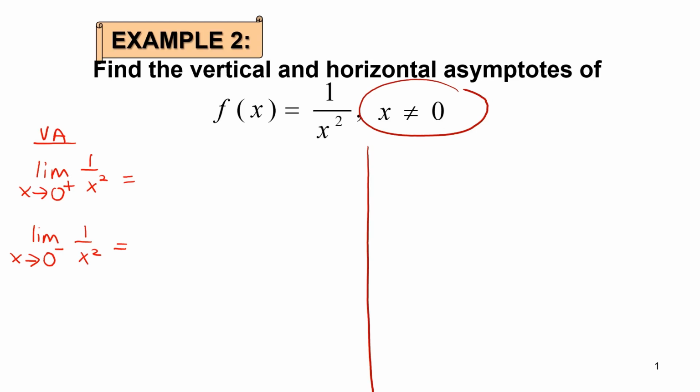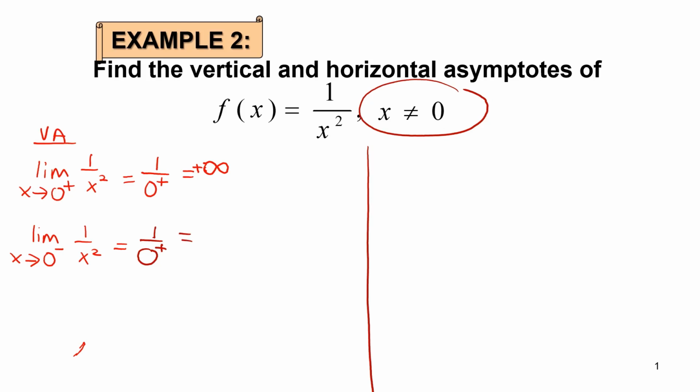The first one, 1 over the nearest value of 0 from the right, equals positive infinity. Second, by direct substitution, 1 over the nearest value of 0 from the left squared becomes positive.